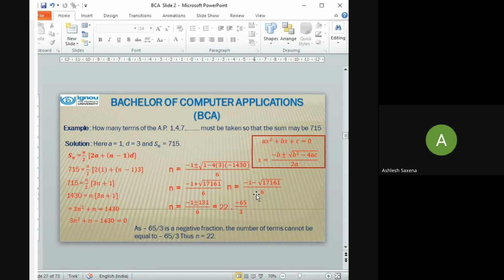So after solving, this is minus 1 plus minus 132. So I will get n is equal to 22 or minus 65 by 3. We cannot take a number in negative form or in fraction form. So that means we have to neglect that, and we will be getting n is equal to 22.